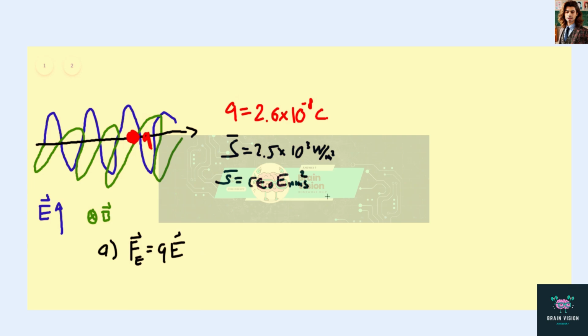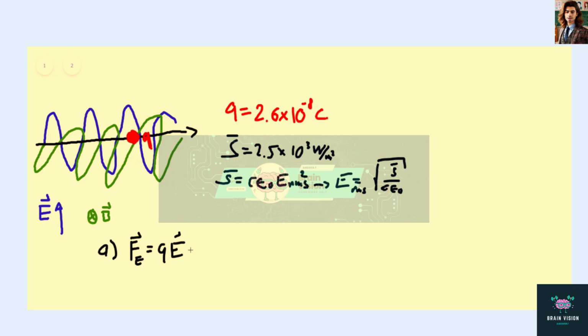And so rearranging this for E, we find that E_rms, which for the purpose of this problem is going to be synonymous with E, is the square root of S bar over c epsilon 0. So this is the value of E_rms. We're not going to work it out just yet.